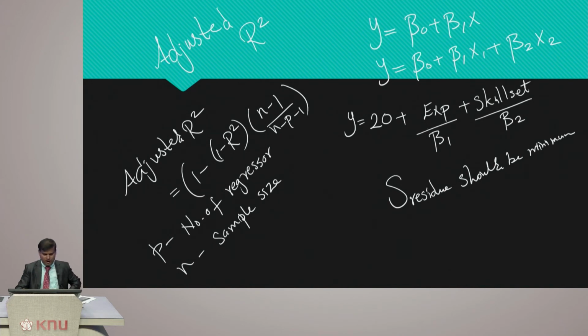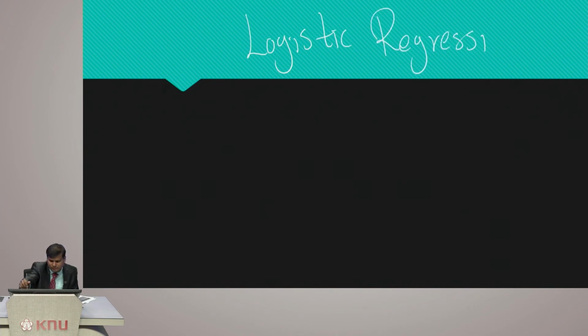So there are other parts to regression, and as we have seen earlier, I introduced logistic regression. So we are not going deep into this, but I simply want to tell you some points about logistic regression.